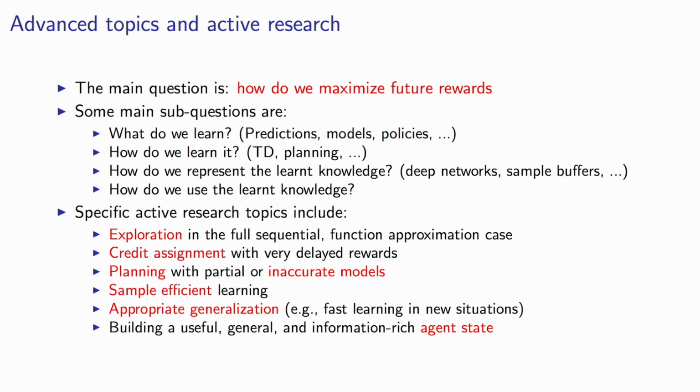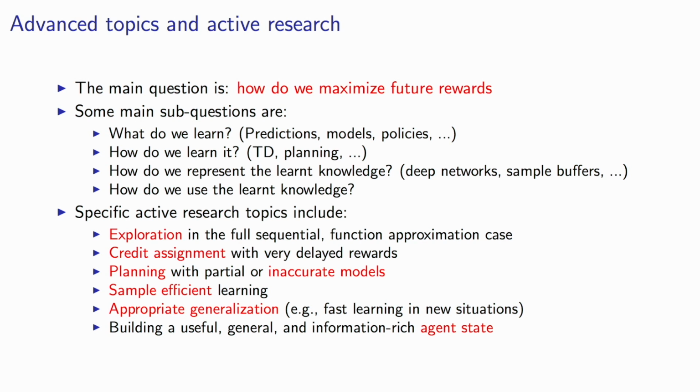Now, the long-term predictions already capture this in a sense, but it might mean that your signal is very noisy. And in addition, if you're exploring in the meantime, there might be lots of actions that you took which actually were not that relevant for the reward, but there's no way for the algorithm to really know this by just looking at the data. So this is also still an open topic, how best to do this.